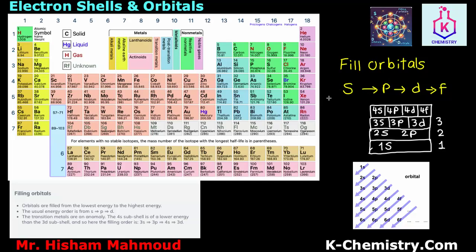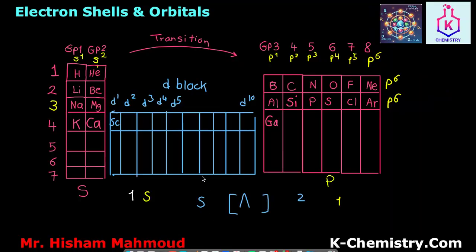Now let's talk about the method that I promised you, to make arrangement easier without having to draw this every time in the exam. All we have to do is divide our periodic table into different blocks. And I will tell you the names of these blocks and where they come from.